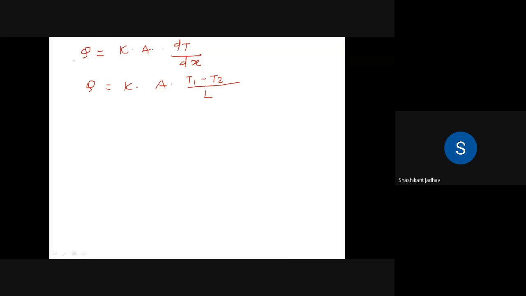So put the values into the equation. We know Q is equal to 5000, K is 0.2, area is 20, then T1 minus T2 divided by the thickness, that is 0.025.